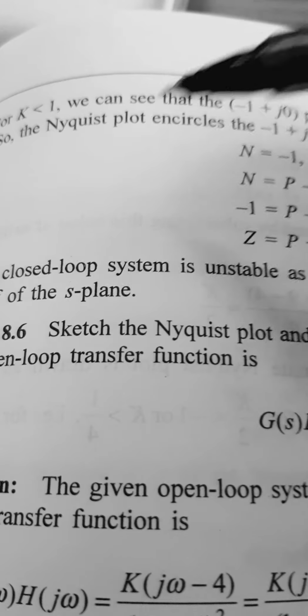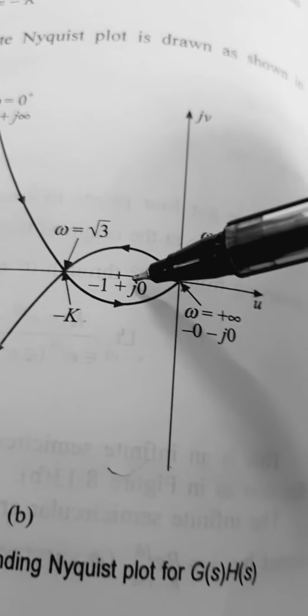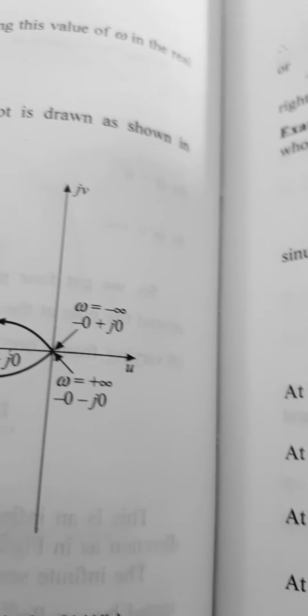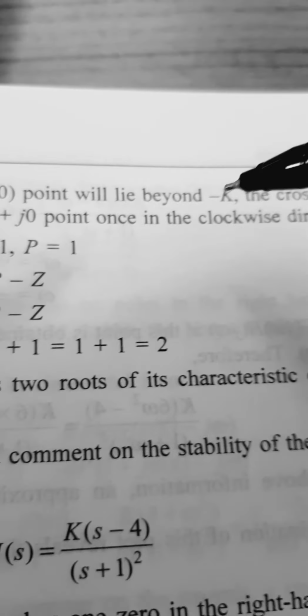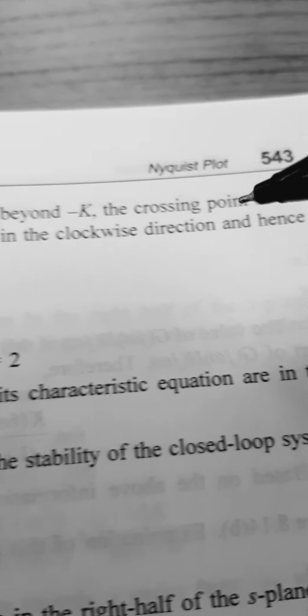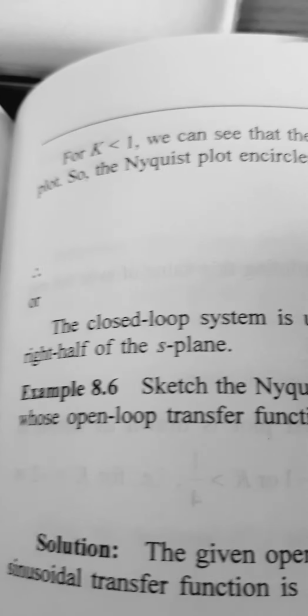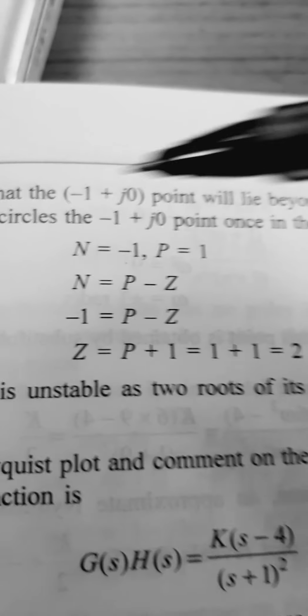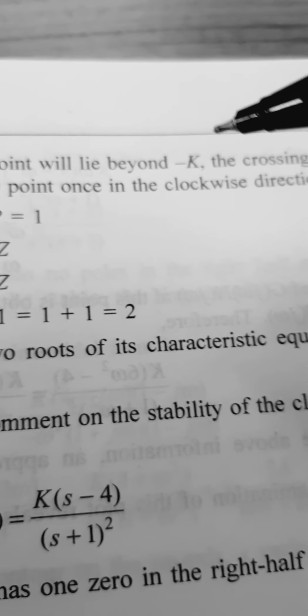If k is less than 1, the encirclement is before this minus 1 plus j0 point. So here you are getting minus k. For k less than 1, we can see that the minus 1 plus j0 point will lie beyond minus k, the crossing point of the plot.